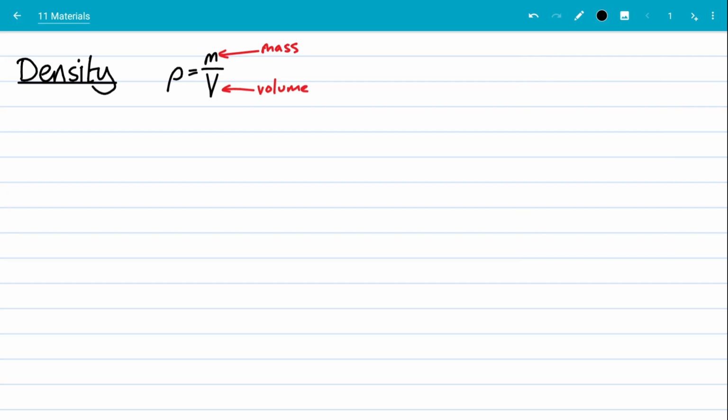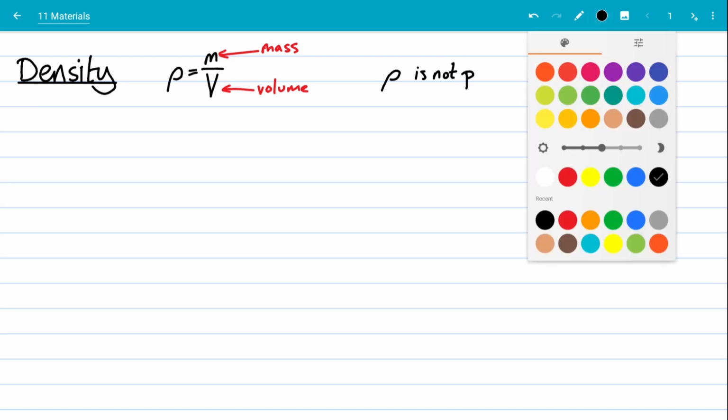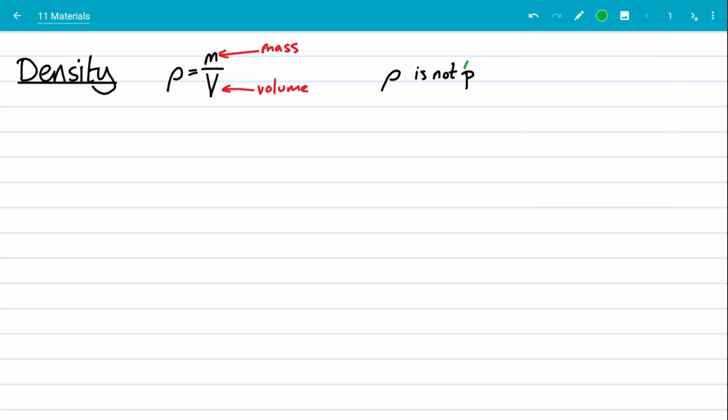That is a Greek letter rho, and I should point out that rho is not P. These are different letters, and they are written differently. When I write a lowercase or an uppercase p, I try to emphasize that it is a p, not a rho, by including the little tail at the top, or a right angle at the top.